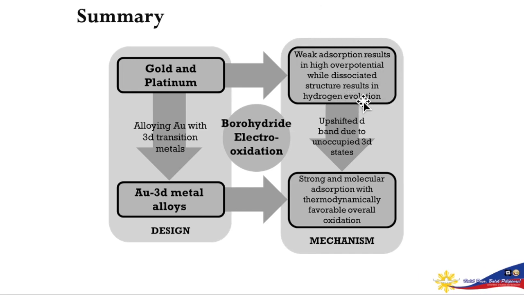We have proposed alloying gold with 3D transition metals. Now this alloy of gold and 3D transition metals promote the strong and molecular adsorption of borohydride with thermodynamically favorable overall oxidation. This is due to the upshifted D band of the new system with respect to the case of pure gold. So that is how we can use DFT calculations for fuel cell reactions.